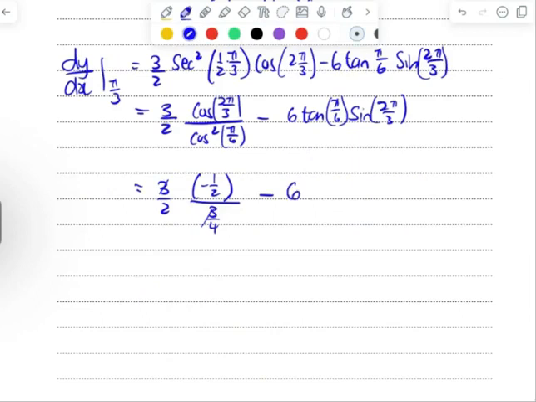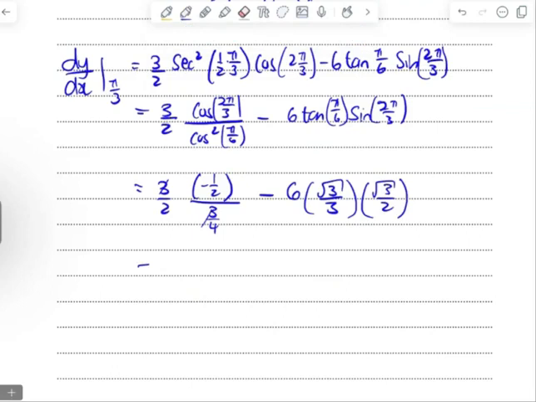And we've got 6 and root 3 over 3. And then sine of 2 pi over 3 is root 3 over 2. This is going to leave us with minus 1, minus 3, and a final gradient of minus 4.